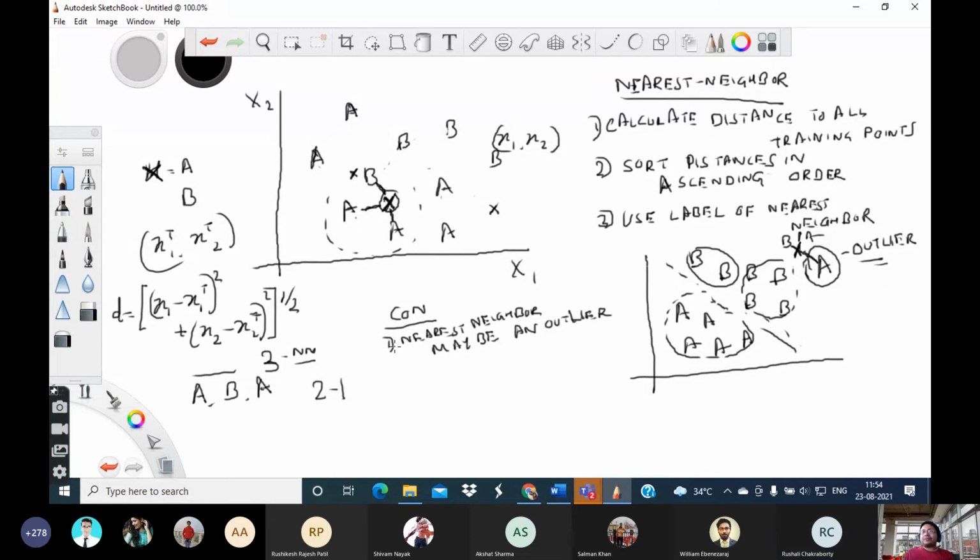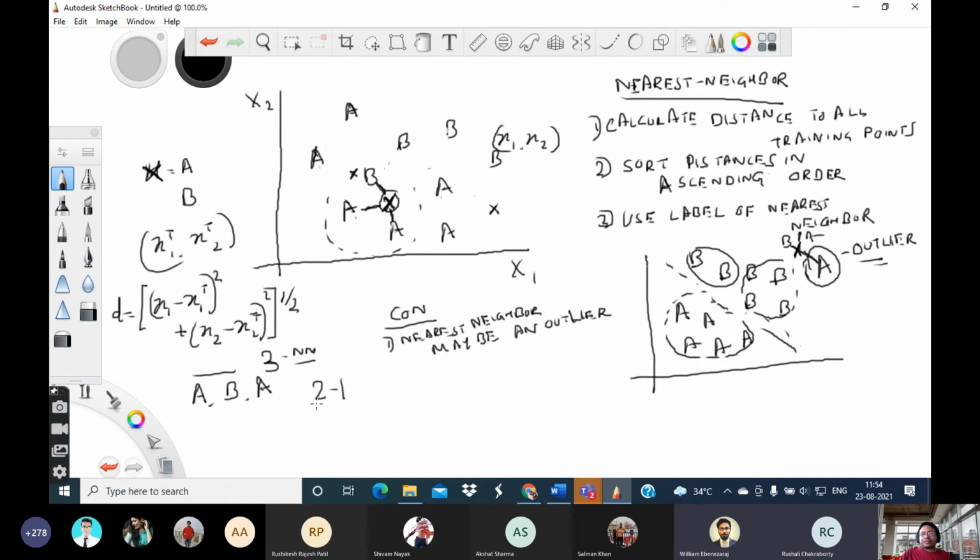True, but in general, we can expect that there are not too many outliers. An outlier by definition is something rare or unusual. If you have considered 3 points and 2 of them are outliers, that's an unexpected situation. You can assume that one can be an outlier, but 2 may be too much.